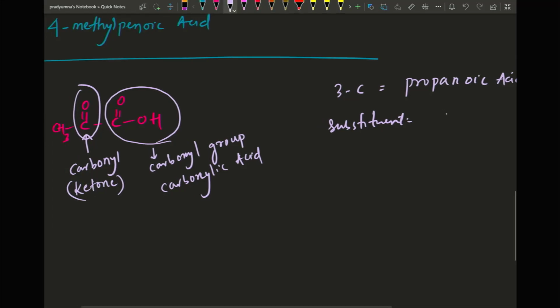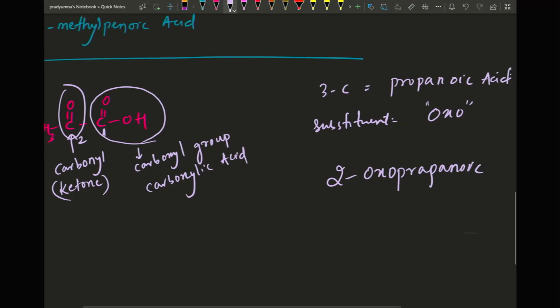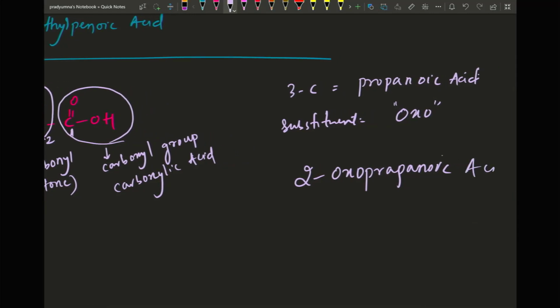If it's a ketone, we call it oxo. What is the location of the oxo? This carbon atom is always going to be 1, then 2, 3. So the name is 2-oxopropanoic acid.